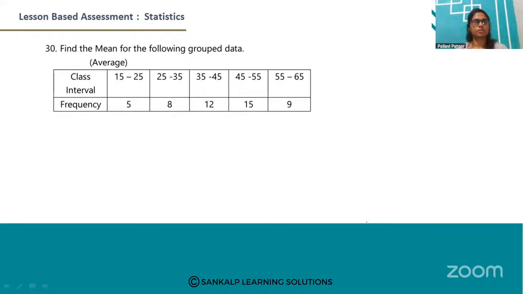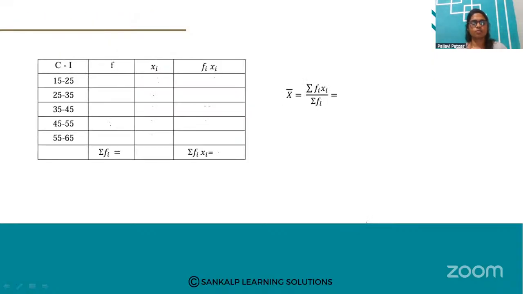Look at the question number 30. Find the mean for the following grouped data. So first we calculate the class mark for each class interval. So class mark is the midpoint of the class interval.